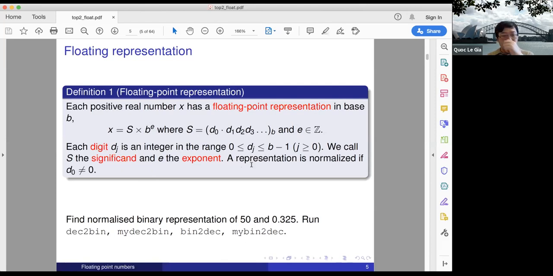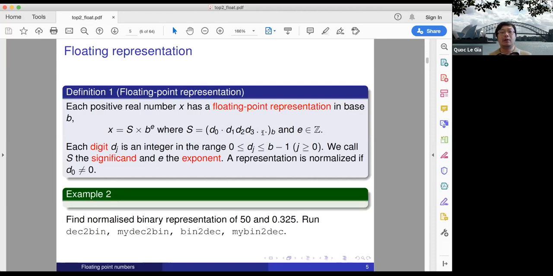Now what happened is, in practice, you can have infinitely many digits. But inside the computers, you cannot do that. Inside the computers, everything is finite. So then we have to reduce this infinite sequence into a finite sequence, and we call it a floating point representation.